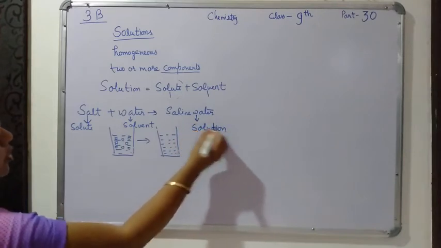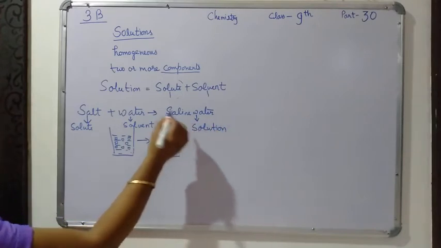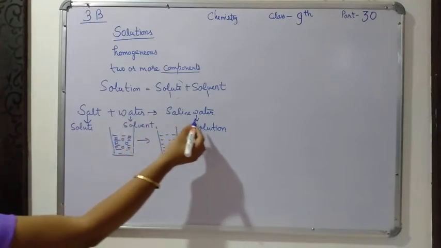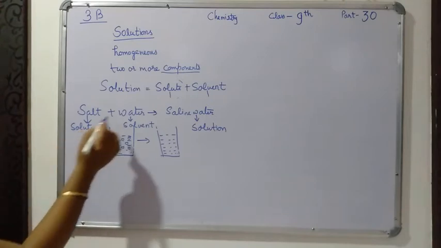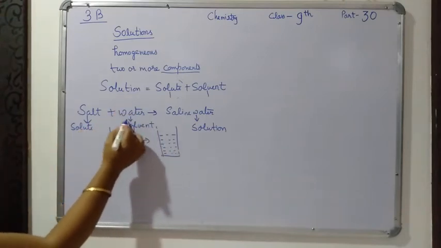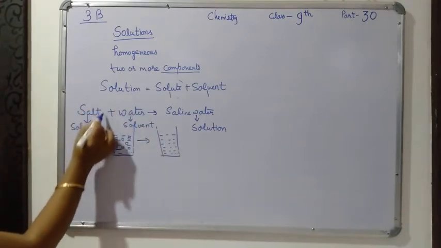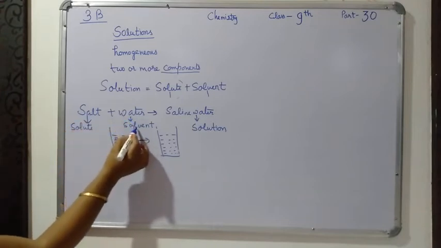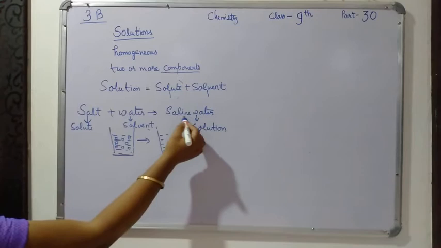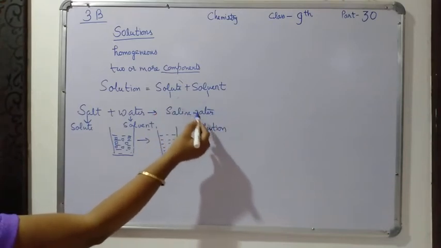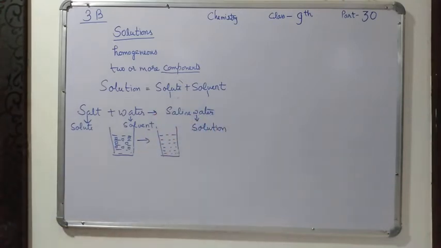Finally what you get is called the solution. So salt is the solute, water is the medium in which you are dissolving the solute, so this medium is called the solvent, and the final liquid you get is called the solution.